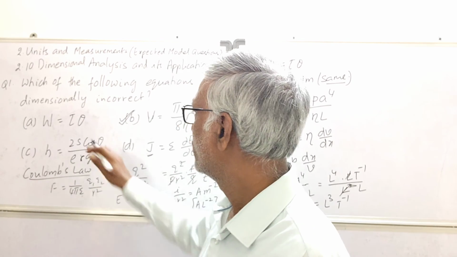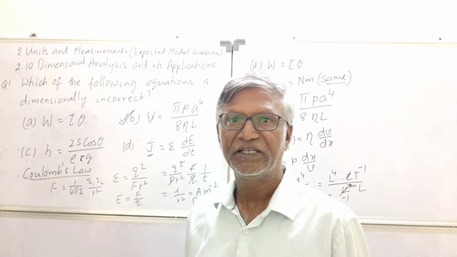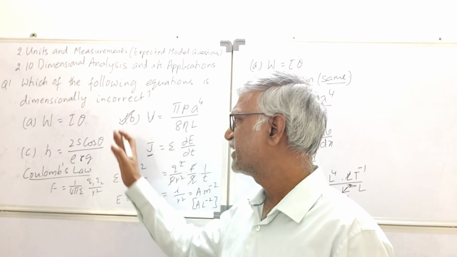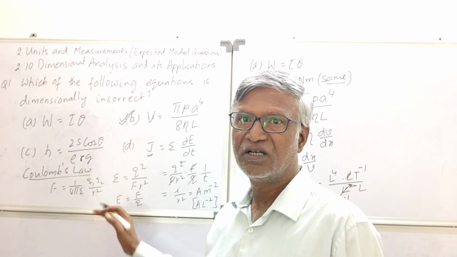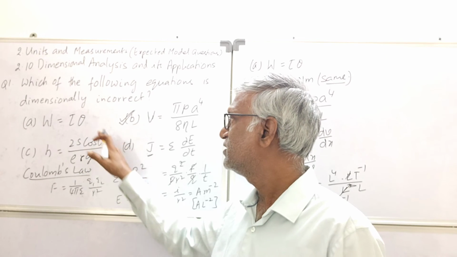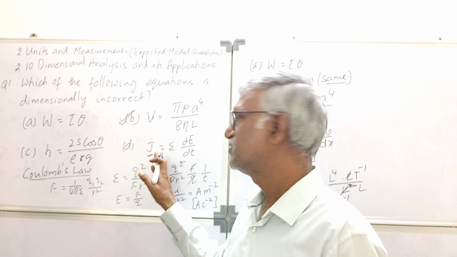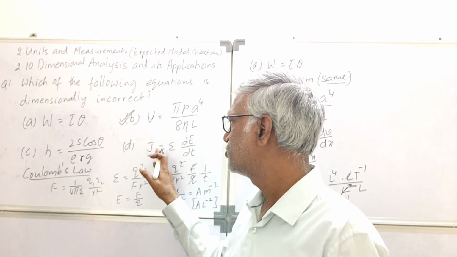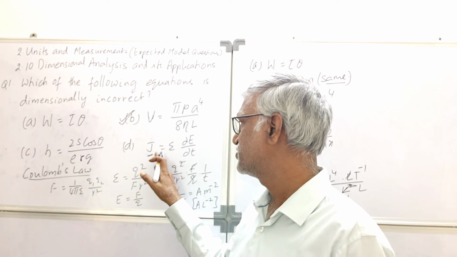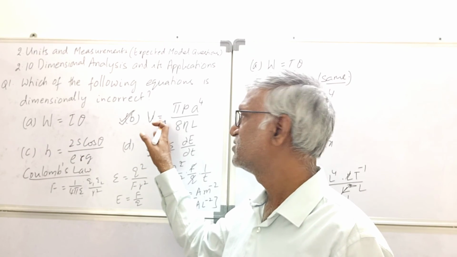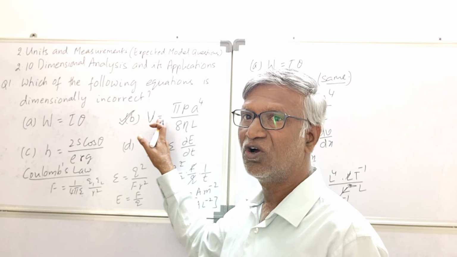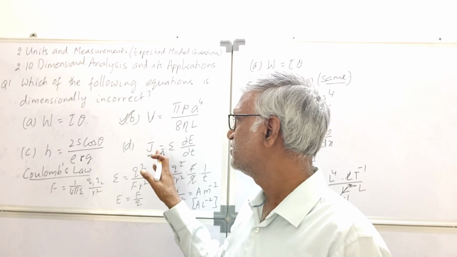So directly I am showing B is the incorrect equation. So if you remember the equations, directly you can take this is correct, this is also correct. These two are correct, so directly you can check this. If this is correct, this is wrong. Or you check this, if this is correct, then this should be wrong.